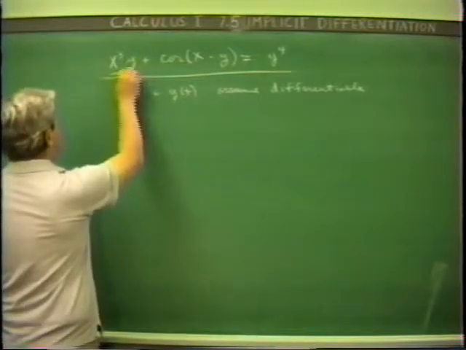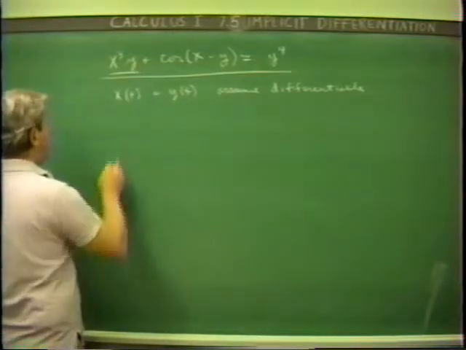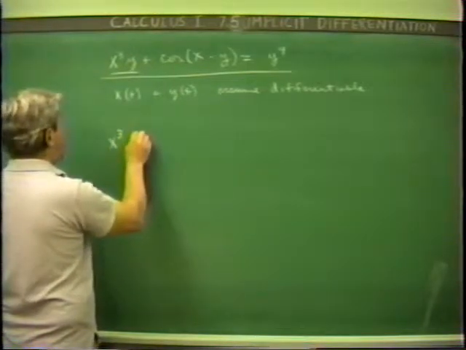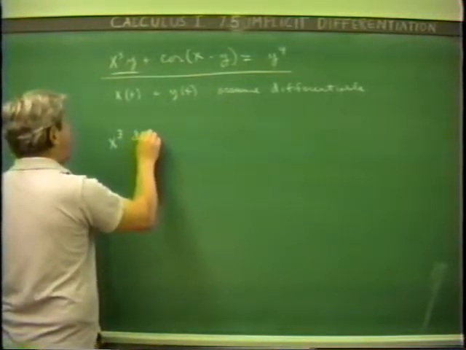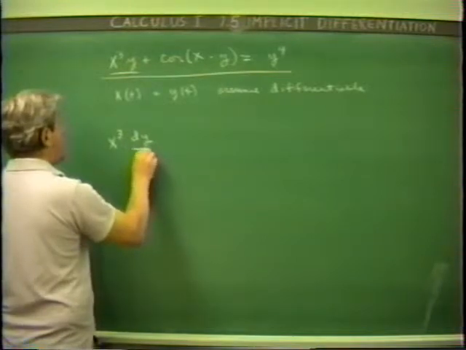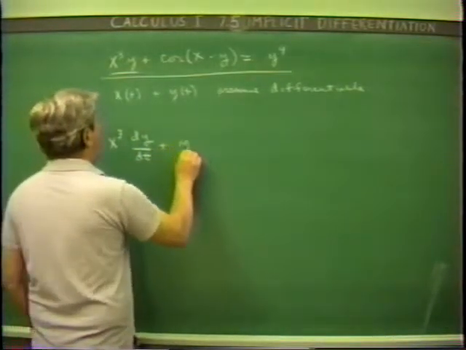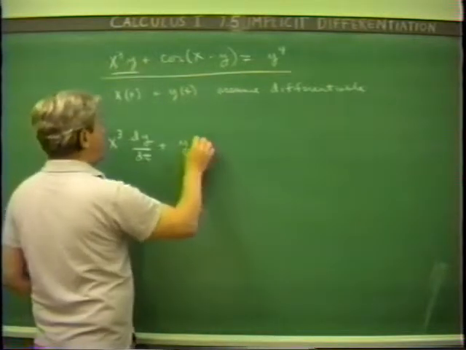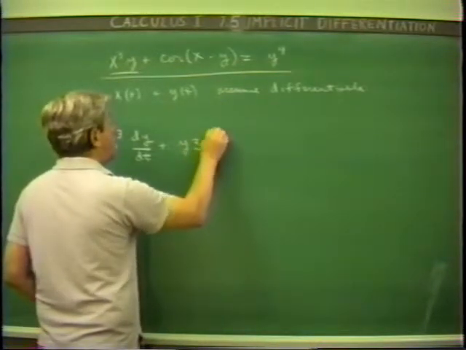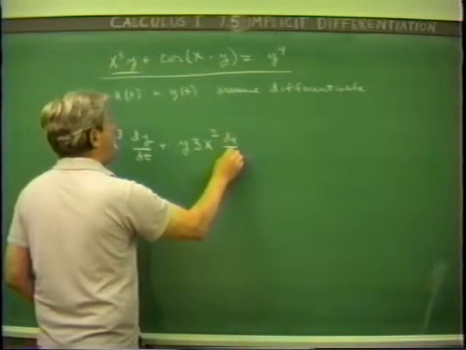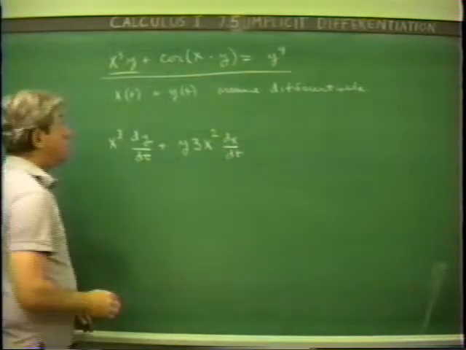So that, for example, here we're going to get differentiating x cubed y. This is the first, x cubed, times the derivative of the second, which is dy/dt here, huh? y is a function of t. Plus the second, y times the derivative of the first. The derivative of x cubed now is going to be 3x squared, and keep in mind that x is a function of t, so we're going to have this multiplied by dx/dt.